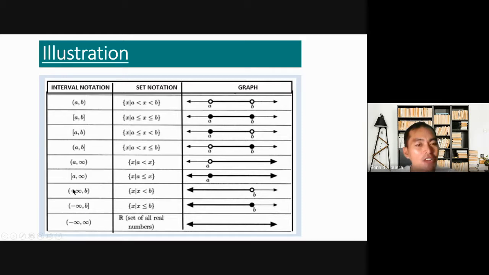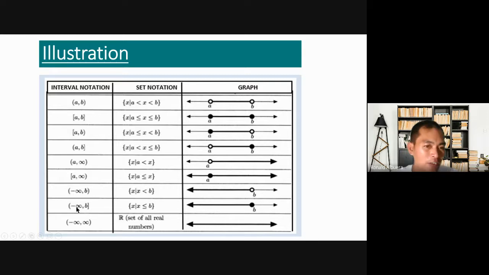Pag nasa unahan ang infinity, it means your graph is going to the left. This is open interval from negative infinity to B. It means, ang graph nyo ay going to the left, and the last is B. Okay?